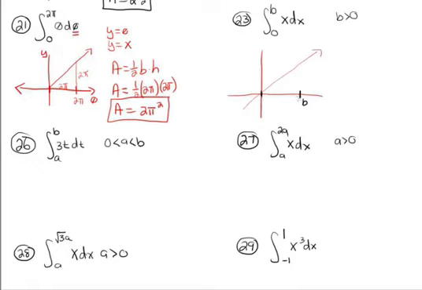So we'll say b is there, giving us a triangle. The base is b. The height is what we get when we plug in b to the function y equals x, so that would be b as well. So I simply get an answer of 1/2 of base times height, which would give me 1/2 of b squared. And so that is the answer to the question, what is the integral?